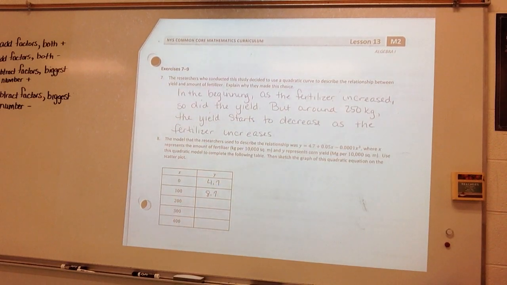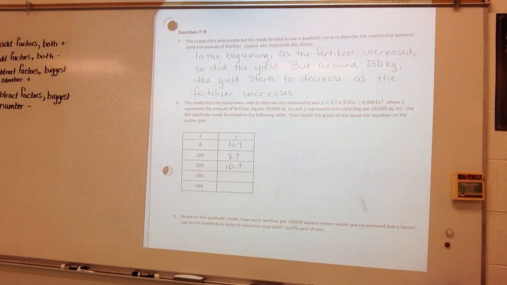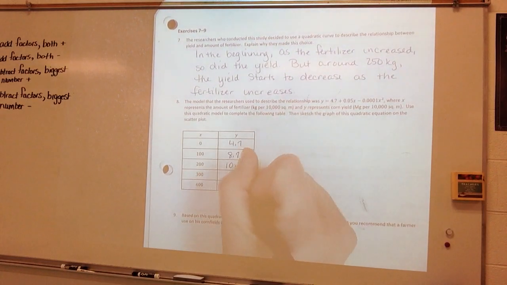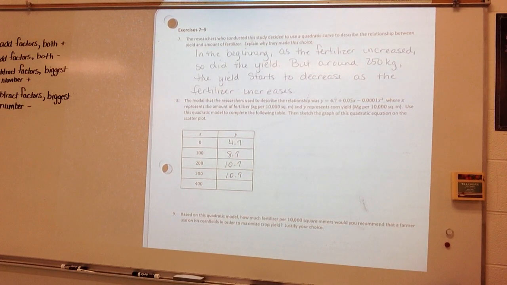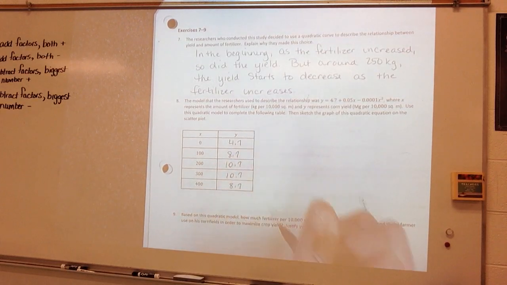If I plug 200 in for x, I get 10 and 7/10. Let's plug 300 in for x. I get 10 and 7/10. Notice what's happening there. Plug 400 in, and I get 8 and 7/10.